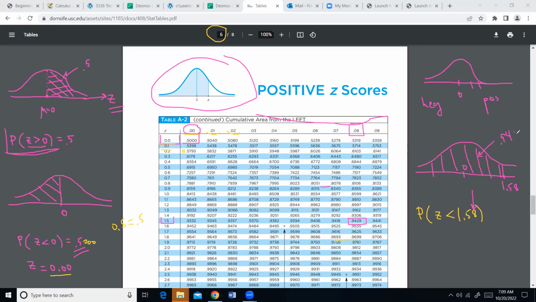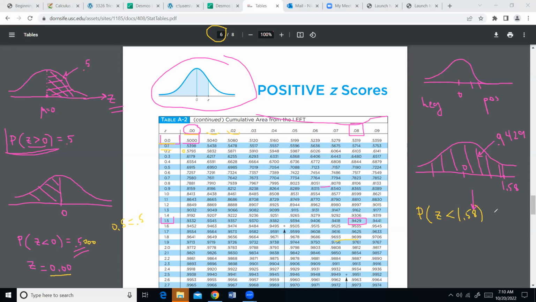So it's about 94%. The probability is about 94%. Let me write it the way that everybody will see it better. 0.9429.